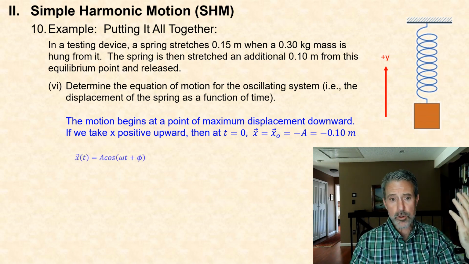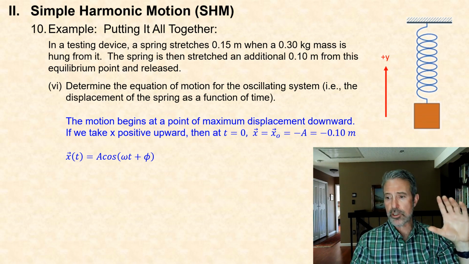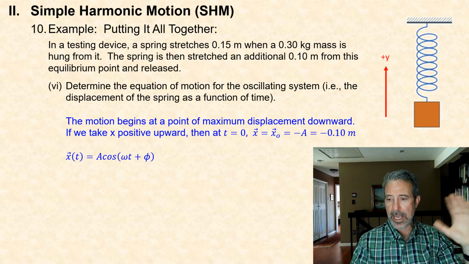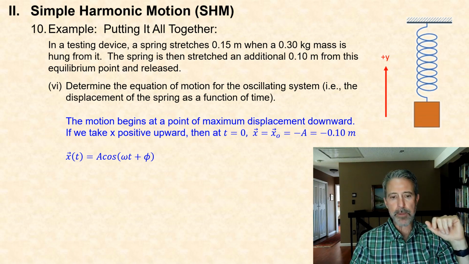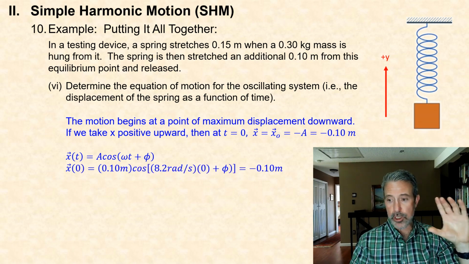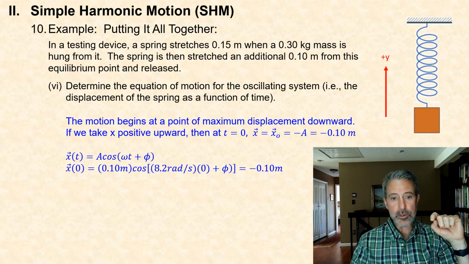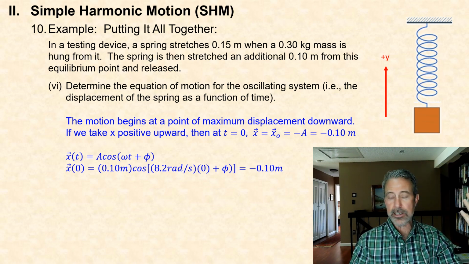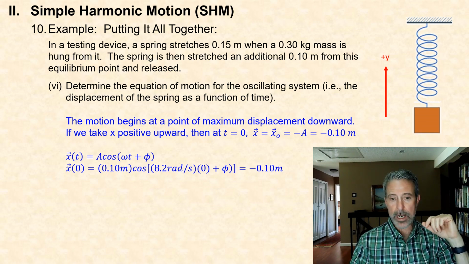So starting with the generalized equation for the position of any simple harmonic oscillator, A cos(omega t plus phi), let's plug in the information we know. The amplitude is 0.1 meters. We found omega in the previous slide to be 8.2 radians per second.